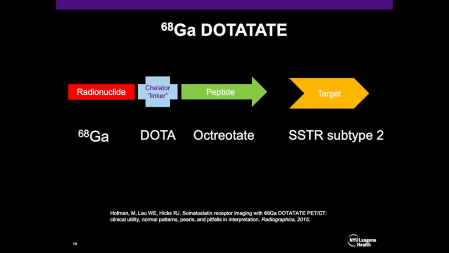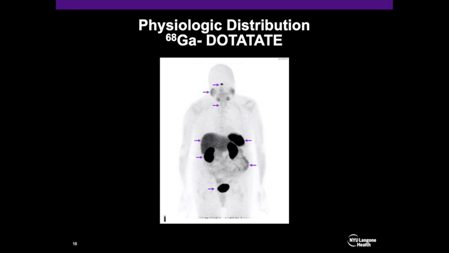But after seeing the molecule, let's take a look at the physiologic distribution, because we don't want to be fooled by the physiologic activity. The dotatate PET concentrates in the abdominal organs, but it's also taken up by the pituitary gland. But the beauty of the dotatate PET is the complete lack of brain cortical activity.